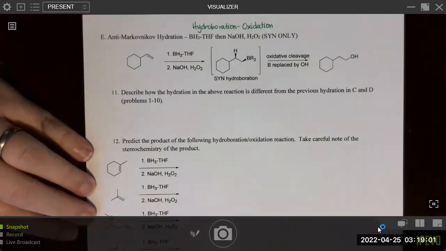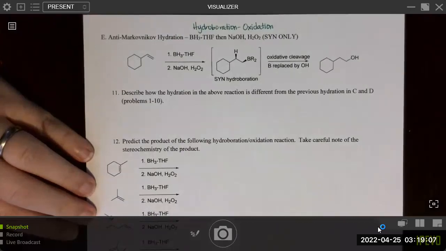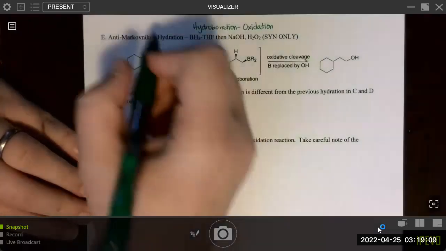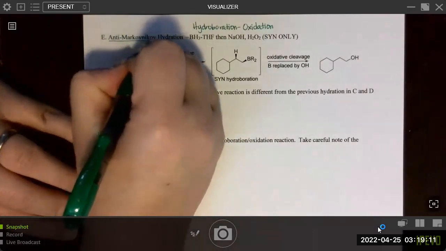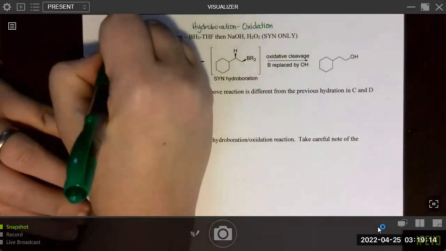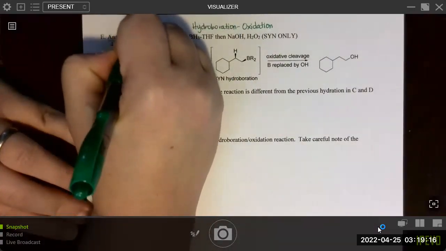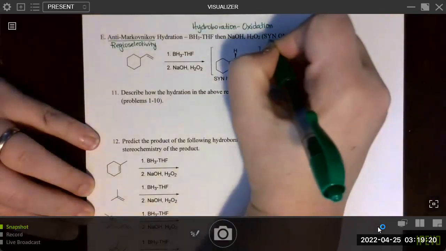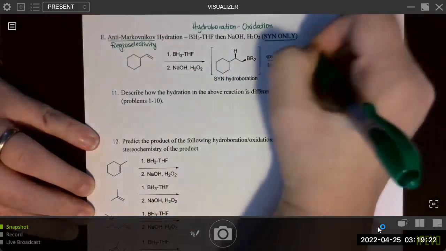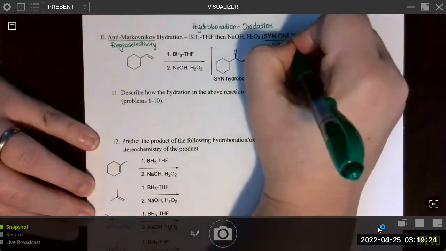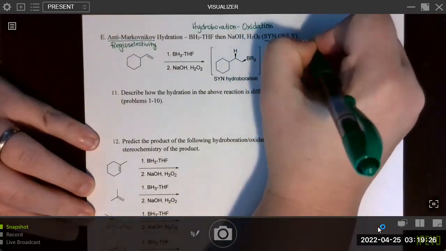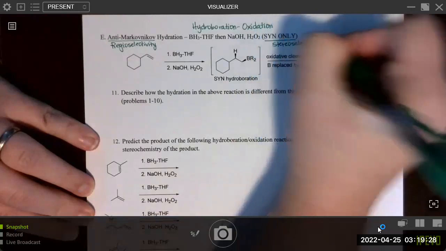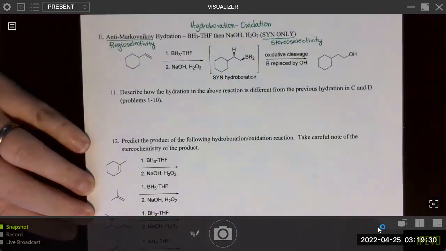Notice that with this reaction, not only do we consider regioselectivity because it is anti-Markovnikov, this is the regioselectivity, but the fact that it says syn only tells us that this reaction also has stereoselectivity. So lots to think about here.